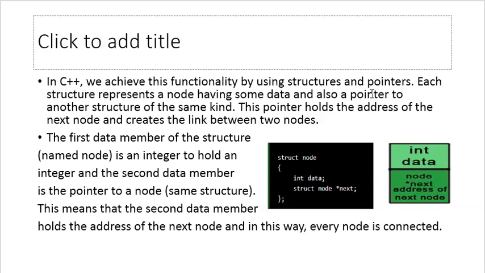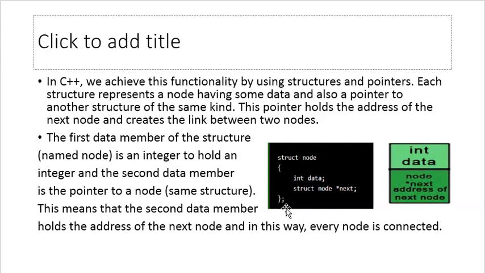This pointer holds the address of the next node. The pointer will be pointing to the next node, so the address of the next node will be assigned to the pointer, which creates the link between two nodes. The first data member of the structure named node is an integer to hold data.